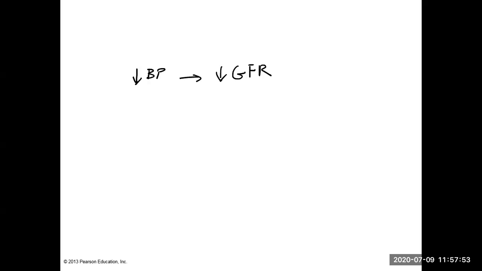No. During the emergency cases, the GFR is actually going to get lower. Because remember, this system overrides the other one. The other ones are saying, let's go ahead and increase the rate. No.